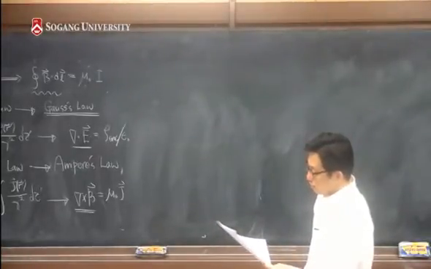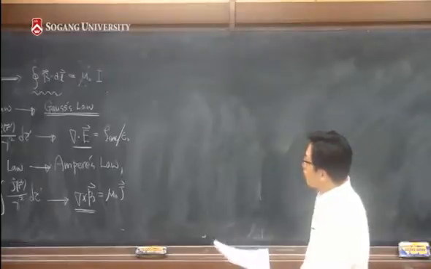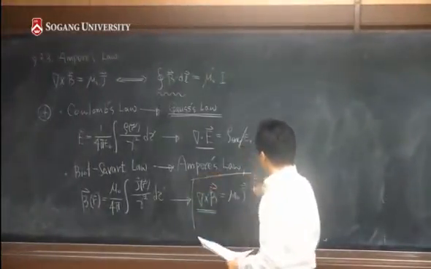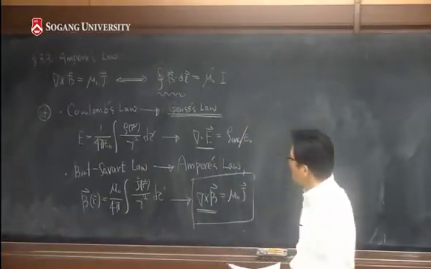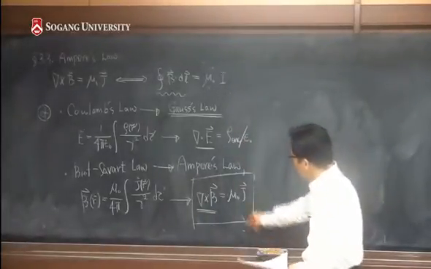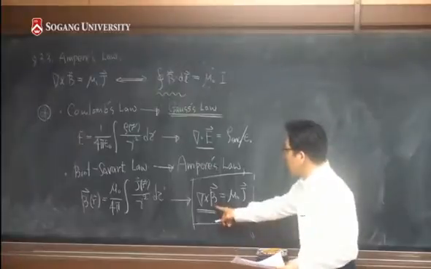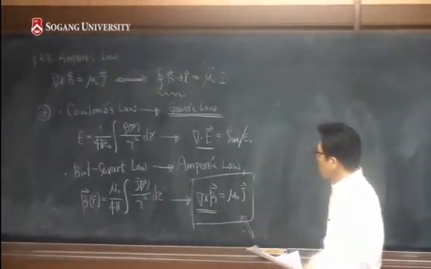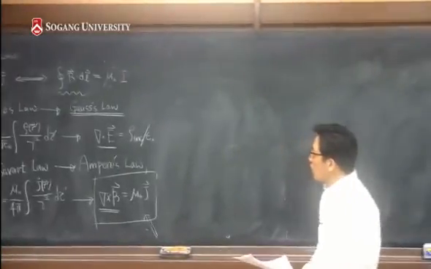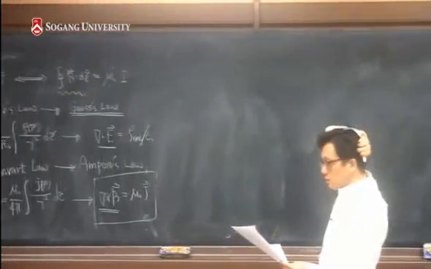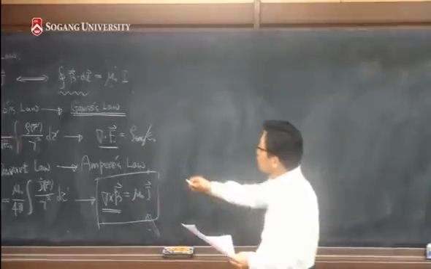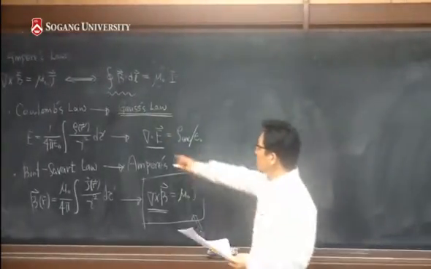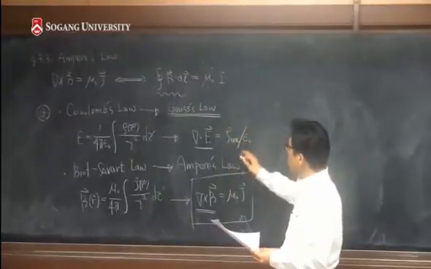So once we have Ampere's law like this, we use it to find the magnetic field when there is a symmetric distribution of the current density in space, just as we normally use Gauss's law to find the electric field when there is a charge distribution which is distributed in a symmetrical way.